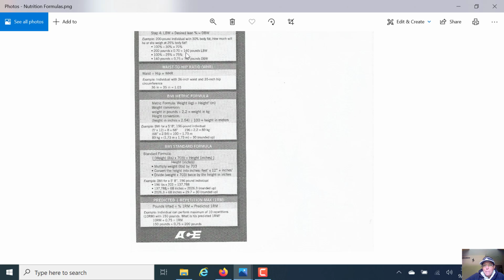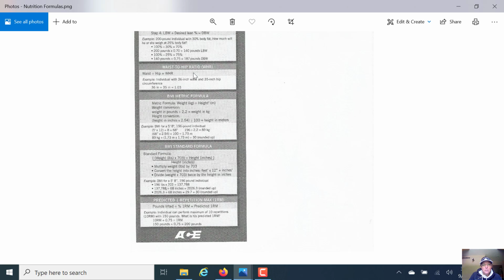We know that 140 pounds is lean body weight, so 140 pounds divided by 0.75. That tells us that they should weigh 187 pounds if they reduced it to 25% body fat. So using that formula, lean body weight divided by 1 minus the desired body fat percent, that's your example on how to calculate a person's desired body weight.